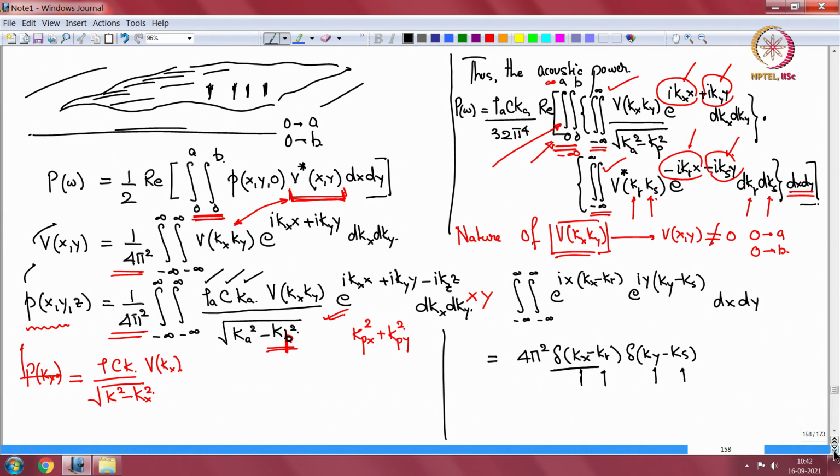Now if this result is brought into the integral above, then if kx is forced to kr and ky is forced to ks, the remaining double integrals on kr, ks and kx, ky will collapse to one integral. So we will see that now.